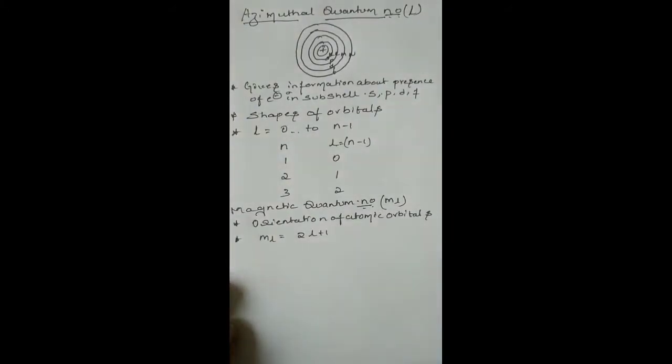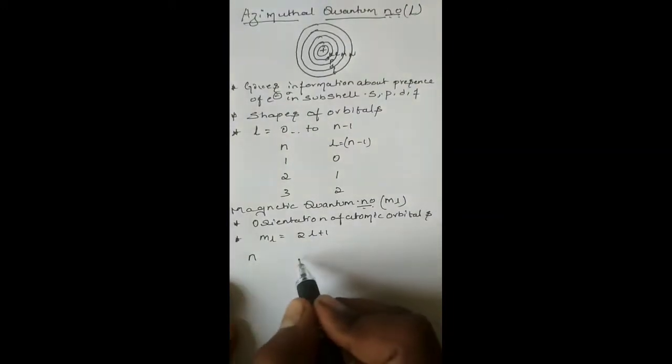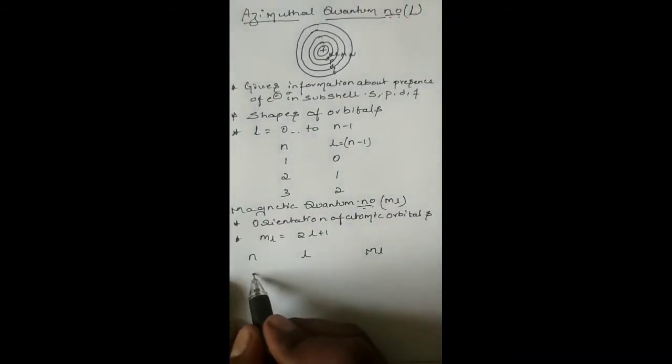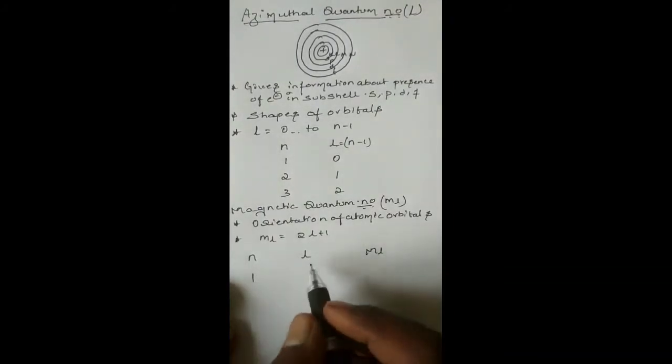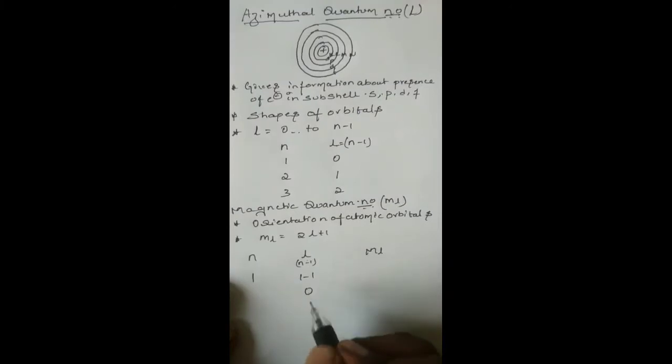Now we are going to substitute n, l, and ml. If n is equal to 1, we know the formula l is equal to n minus 1. Then it becomes 1 minus 1, which is 0.